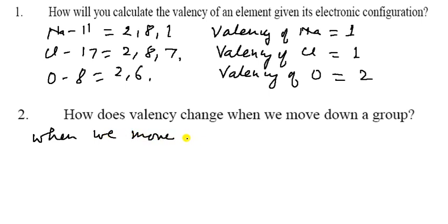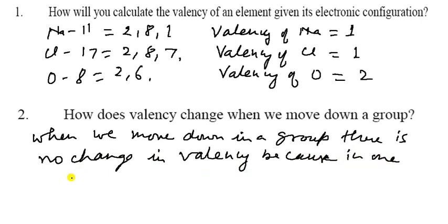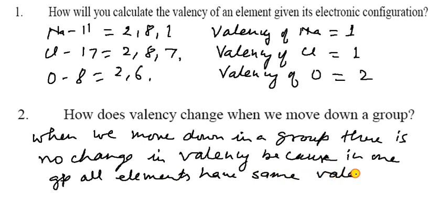When we move down in a group, there is no change in valency, because in one group all elements have the same valency.